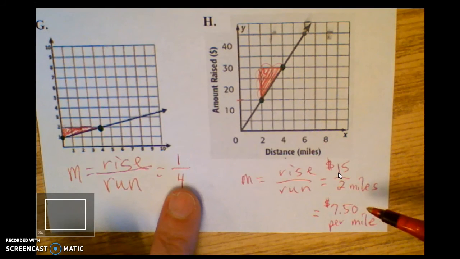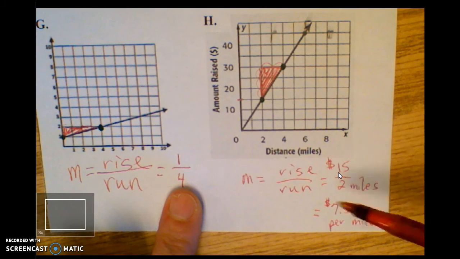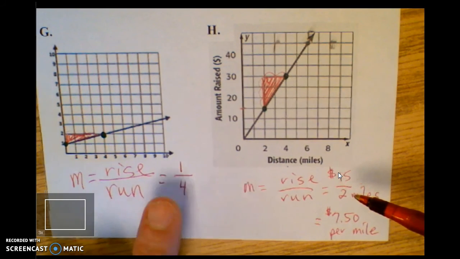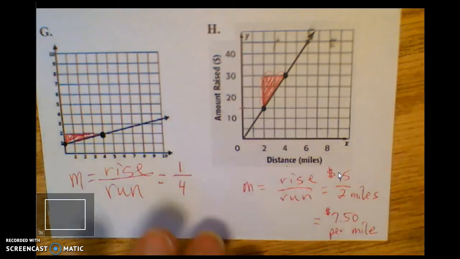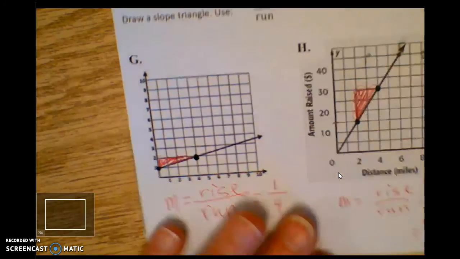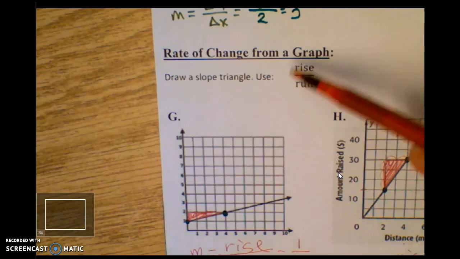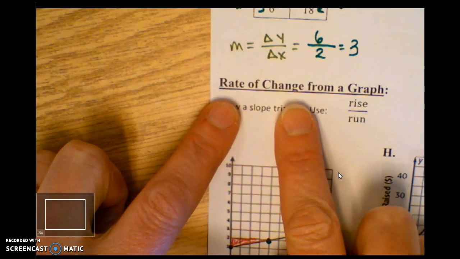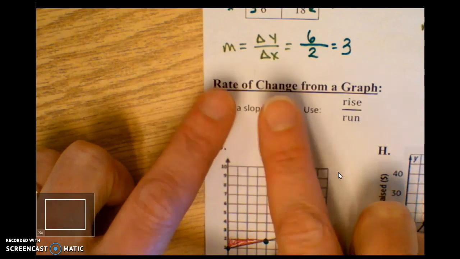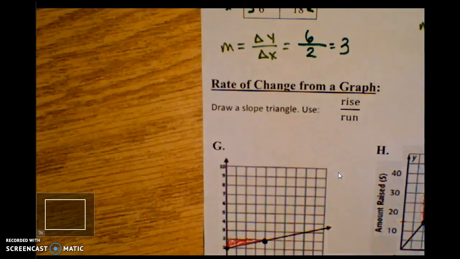What's going to be larger this time is obviously this rate right here. $7.50 per mile is much larger than a rise over run of 1/4. Of course, we're comparing slightly different things, but still, I wanted you to get practice doing your slope triangles and realizing that slope can still help us compare functions, because each function has a specific rate of change that we're interested in.